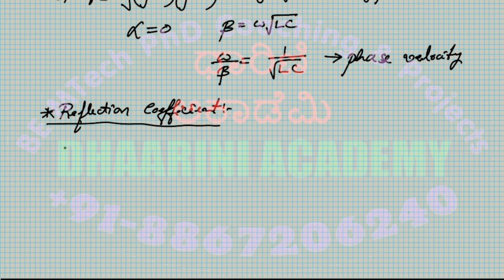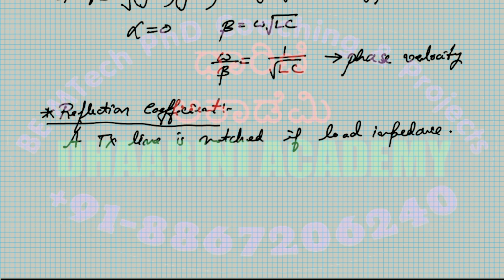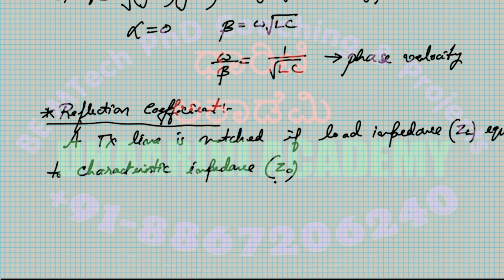A transmission line is said to be matched if the load impedance, ZL, is equal to the characteristic impedance, Z naught. The same statement which we used earlier.